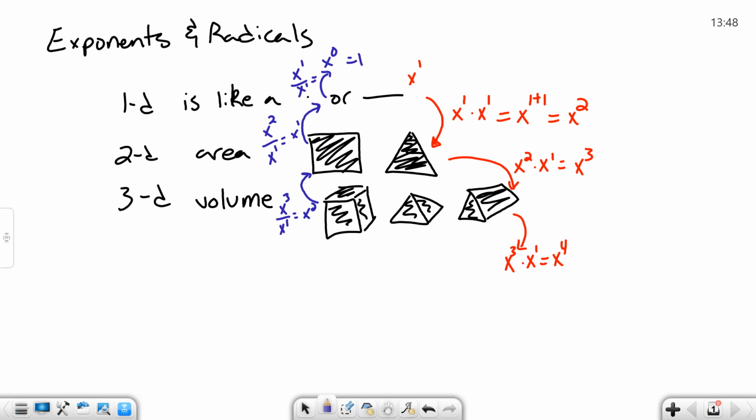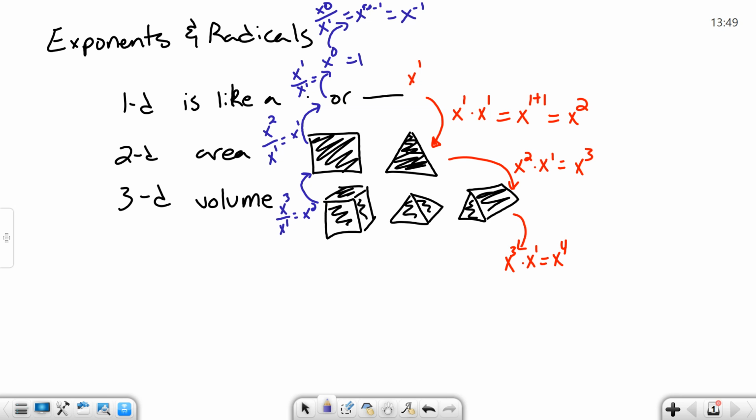What if I wanted to move into an imaginary first dimension, or like a mirror of a point or a line? You guessed it. We're going to divide x to the 0 by x to the first. That'd be 0 minus 1, which gives me x to the negative first.